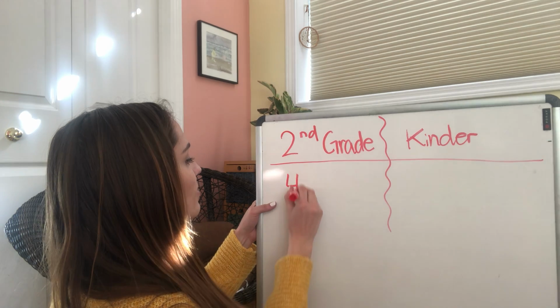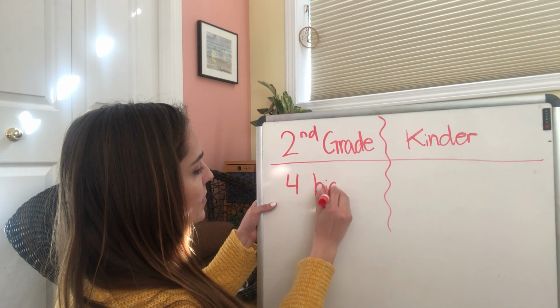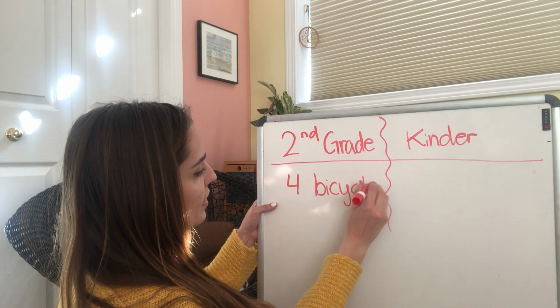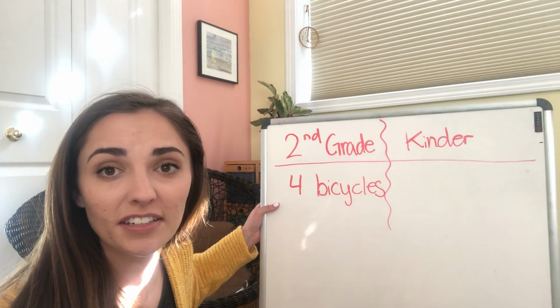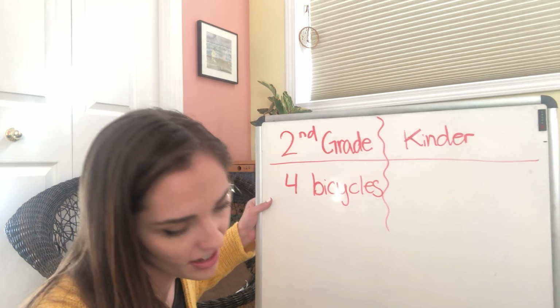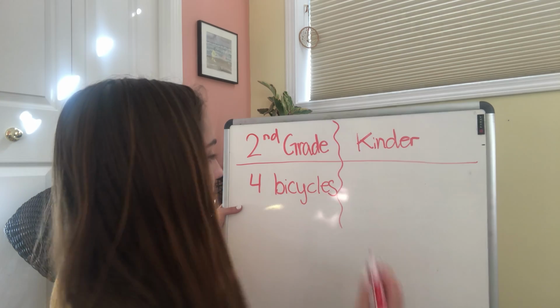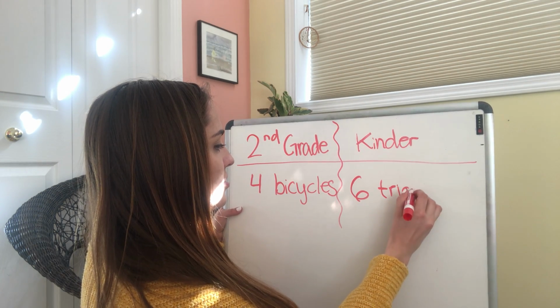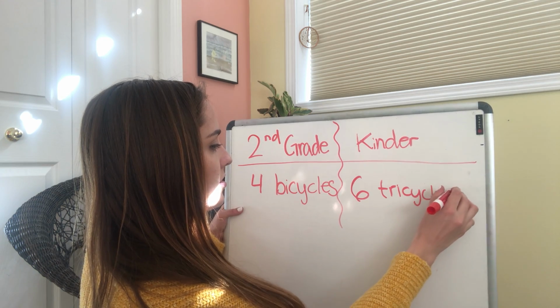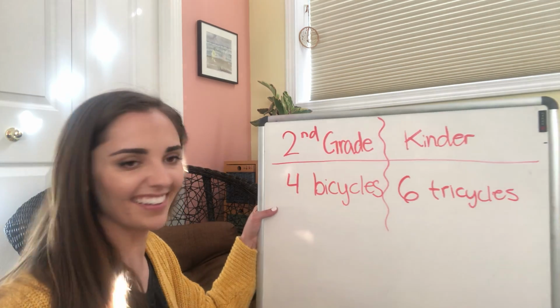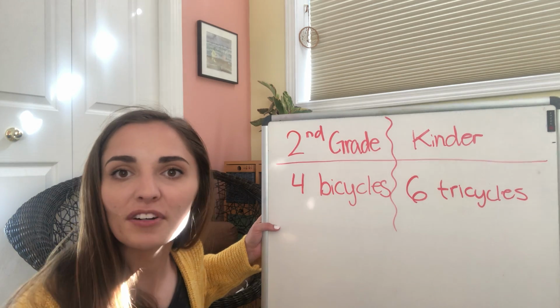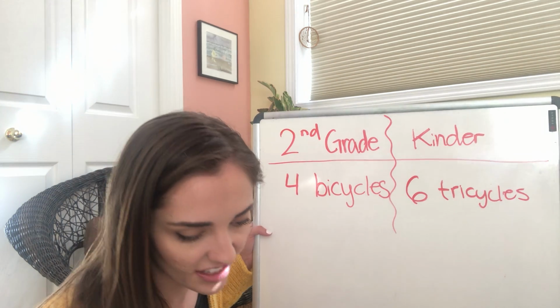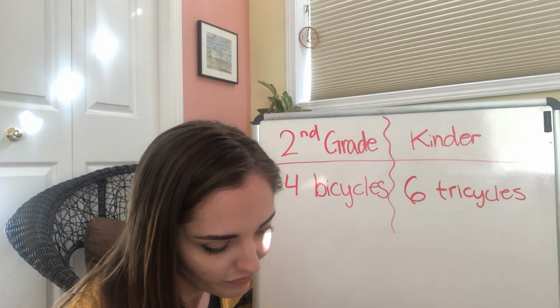So we know we have that. Okay. So write that information, and then we'll do the same for kindergarten, where it says they're riding 6 tricycles. Oh, sloppy handwriting. Okay. So now we have our important information written down. We can go on to trying to solve our problems here.